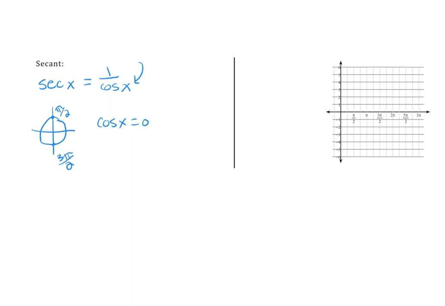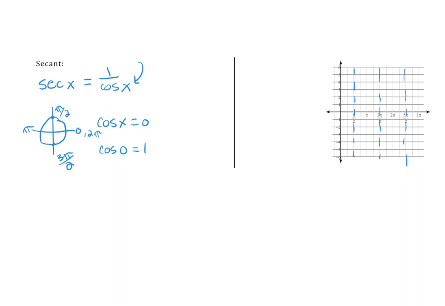So asymptotes will go there. And then at 0 and pi and 2 pi, so at 0 and 2 pi, that is when cosine is 1.